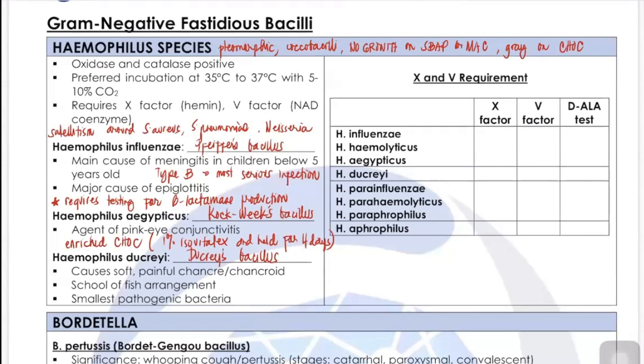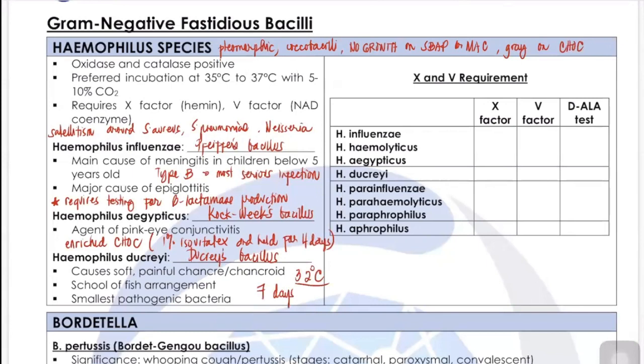So again, they require 5 to 10% carbon dioxide. And usually, for the growth of Haemophilus ducreyi, you could incubate it up to 7 days at a lower temperature, usually 35 to 37, but that is just 32 degrees Celsius when it comes to Haemophilus ducreyi.